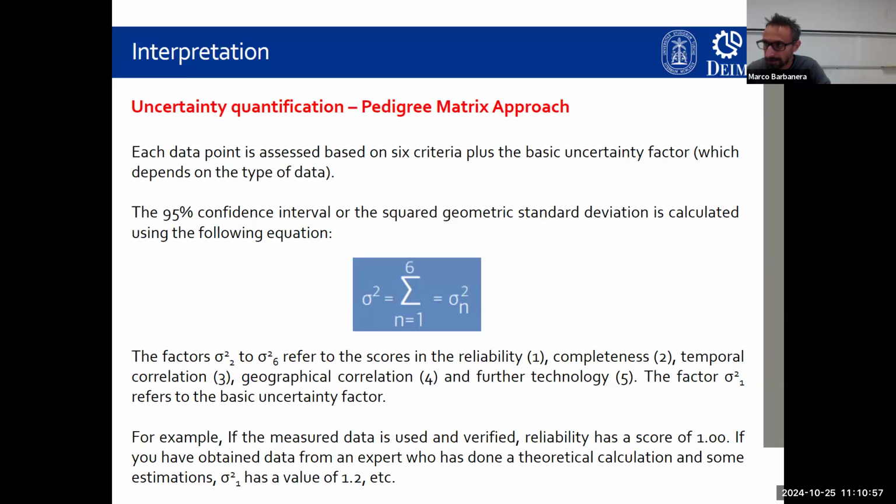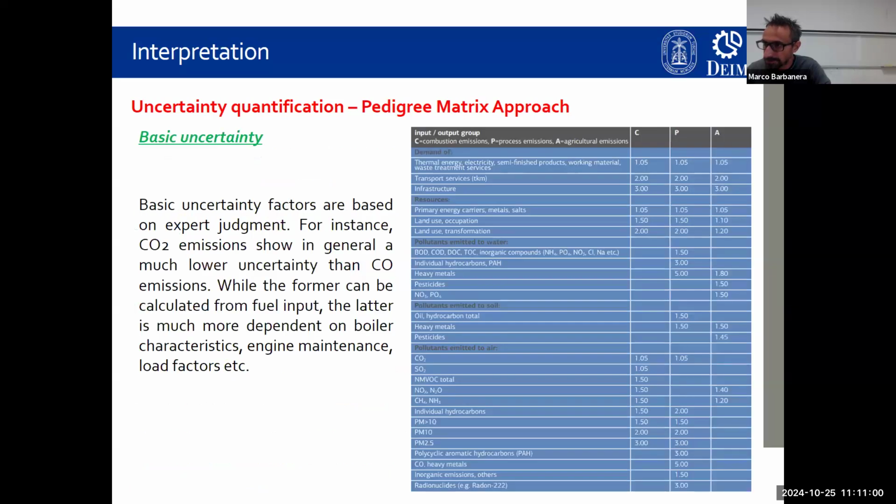In order to calculate these values, by applying the pedigree matrix approach, we have the possibility to use 2 different tables. The first table is this one. In this table, we can obtain the square standard deviation for basic uncertainty. So in this table, you have different kinds of data, and so you have to choose the square standard deviation typical for your parameter.